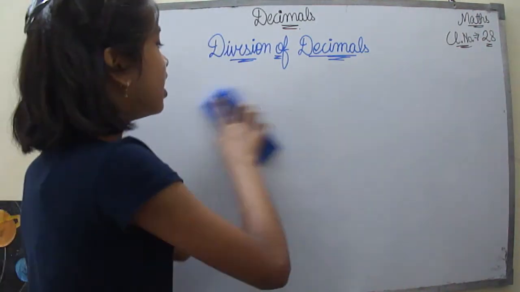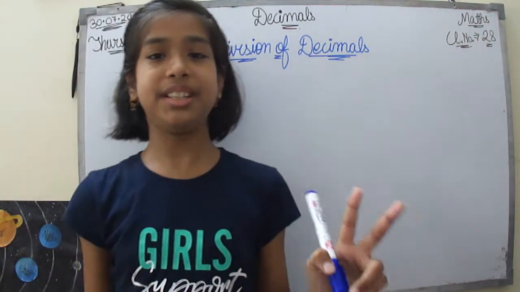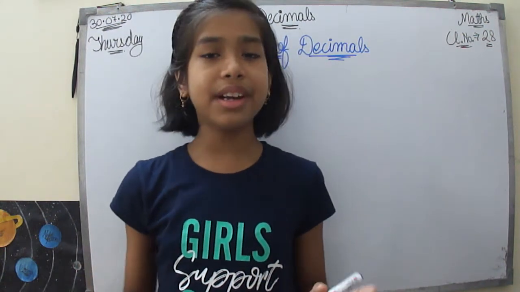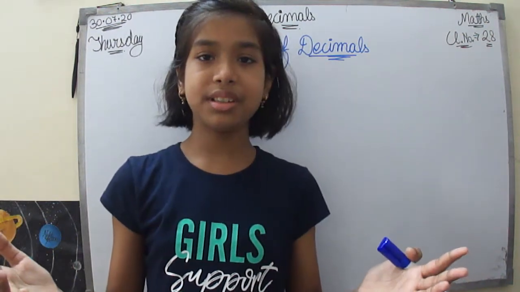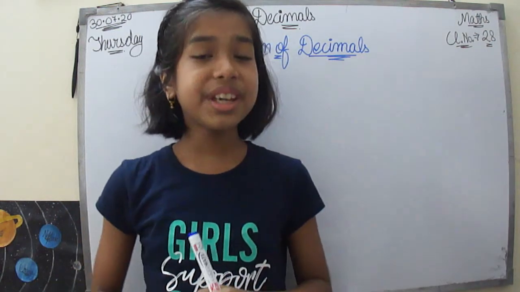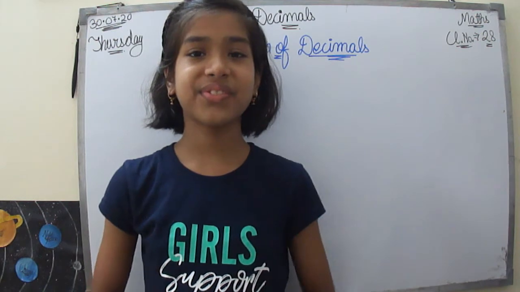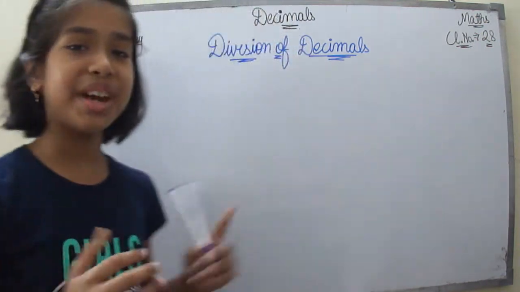So firstly, there are two possibilities which could happen. What are they? We can divide a decimal number by a whole number, or we could divide two decimal numbers. Now let's see both of them.